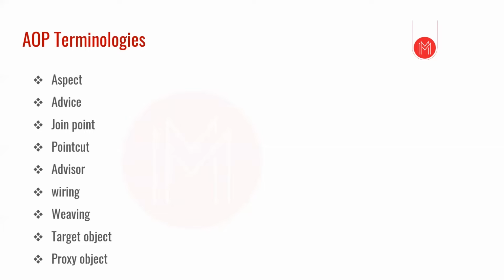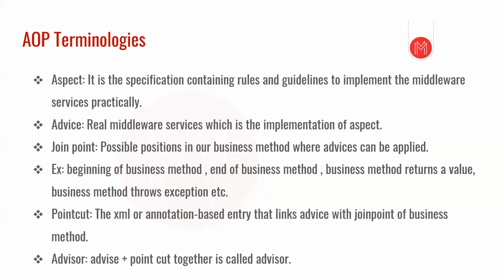What exactly is an aspect? Aspect is the specification which contains some rules and guidelines to implement middleware services practically. It contains a lot of classes, and with the help of those classes we are going to implement the advice practically.